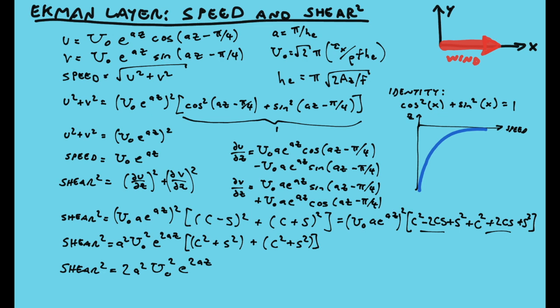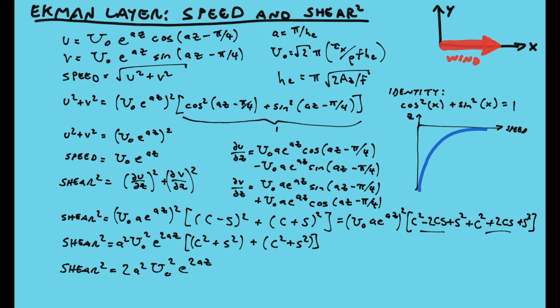So the shear squared is 2 times a squared times u naught squared times e to the 2Az. And for that, we can figure that out by putting in what a is, and that's pi over HE, where HE is the Ekman depth, and also putting in u naught, which is square root of 2 times pi times wind stress tau divided by rho f HE.